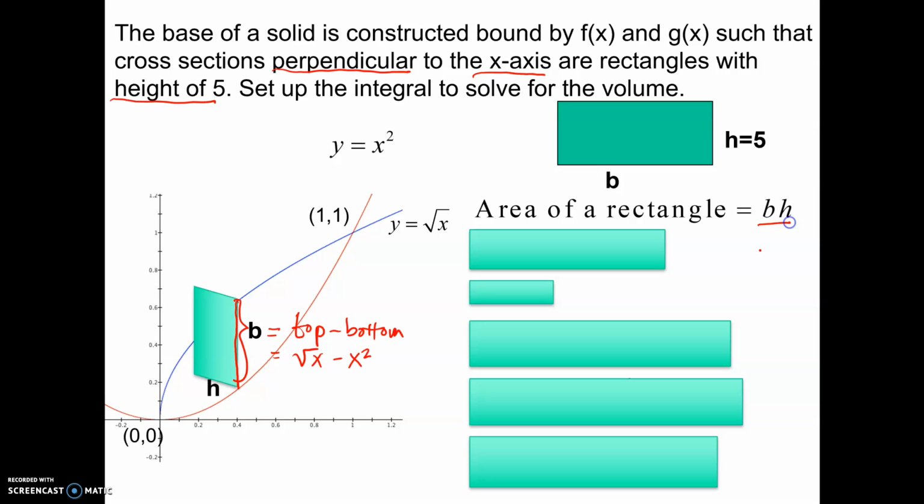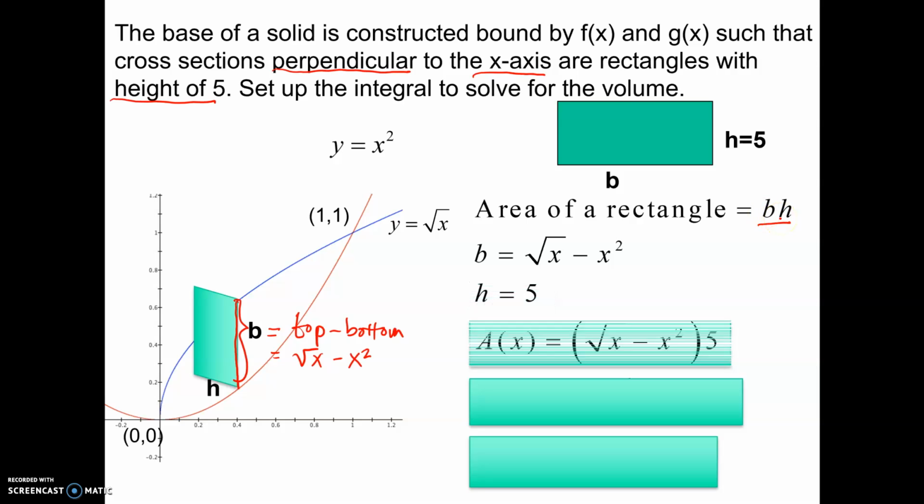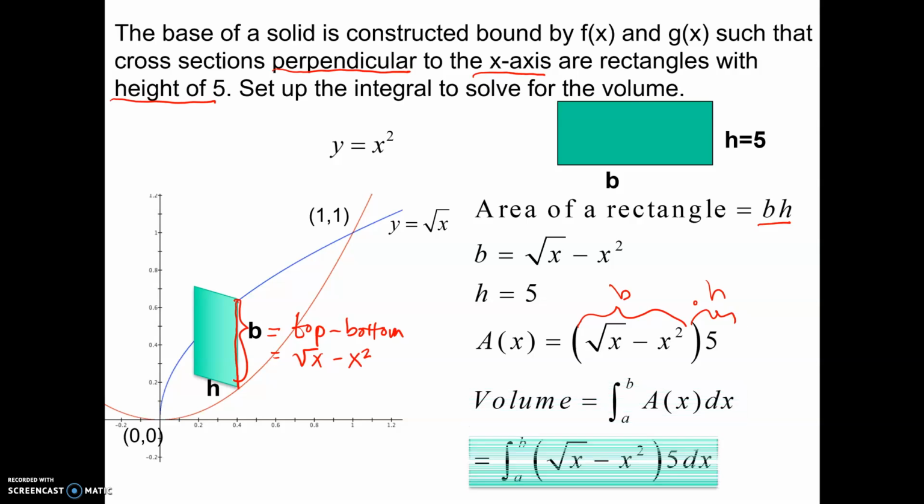So if area is base times height, and we've already defined b to be radical x minus x squared, then I'm just going to replace b with radical x minus x squared right here, and h we already know is 5. So we just plug and chug. There we go. There's my area, base times height. And if we integrate the area, then we end up with the volume.